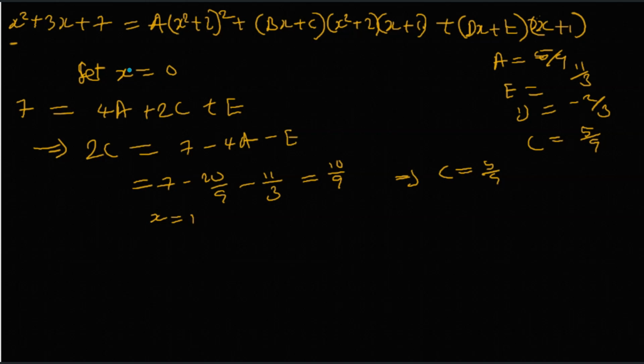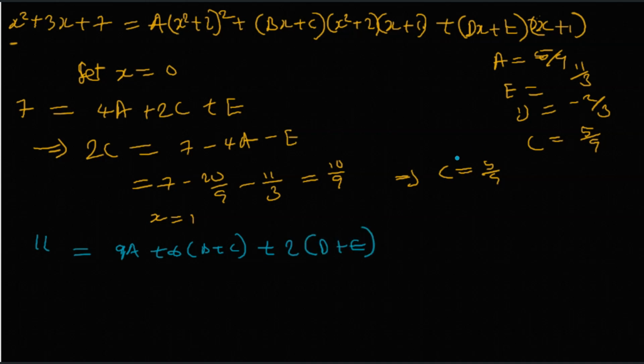So if x is 1, that means this is 4 plus 7, that is 11. 11 would be equal to 9A, then this will be B plus C. This is 1, that is 2 times 3, that is 6. So that is 6 times B plus C, plus 2D plus E.